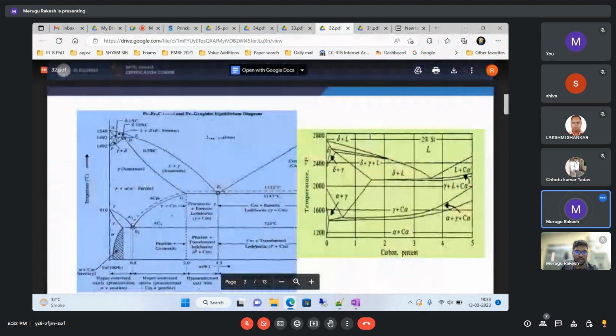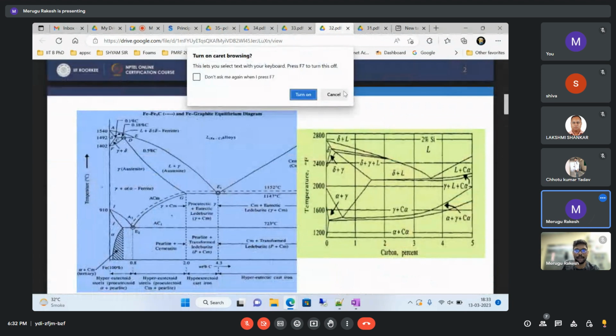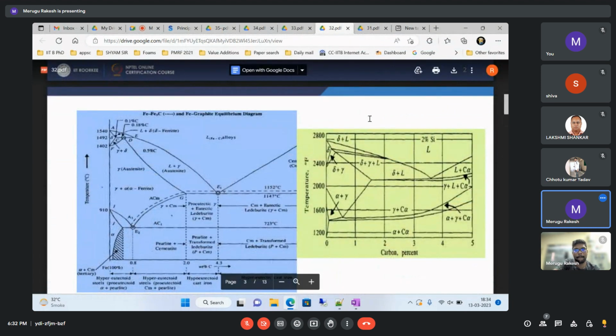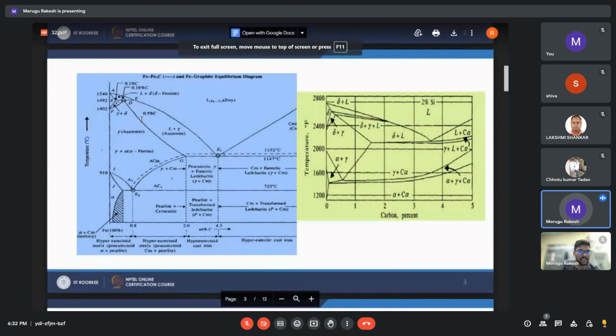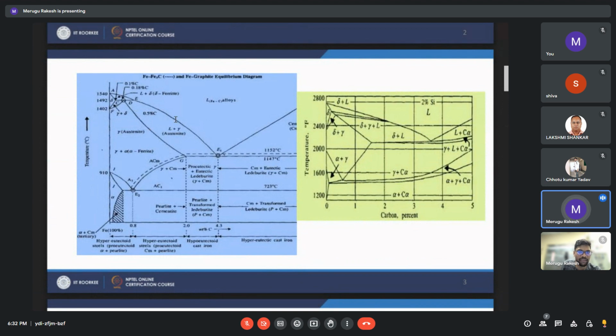If you are confused, I will show you one graph. The freezing range I am talking about is this. If you take some concentration, say 2%, the distance between the intersection point on this liquidus line and this eutectic line is the freezing range.